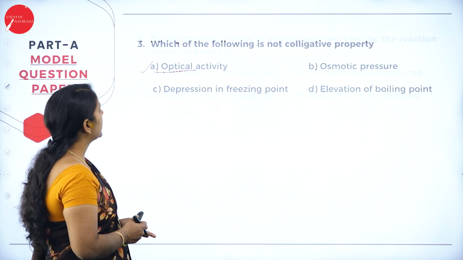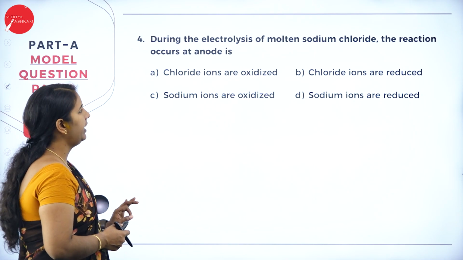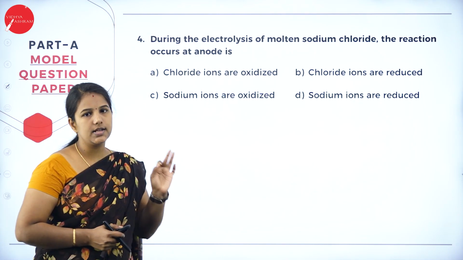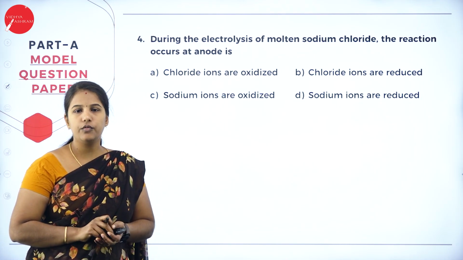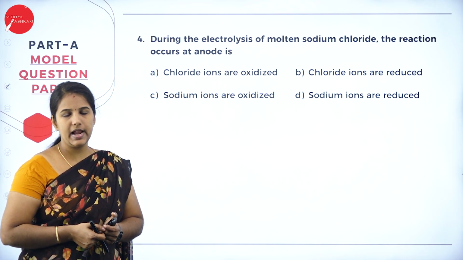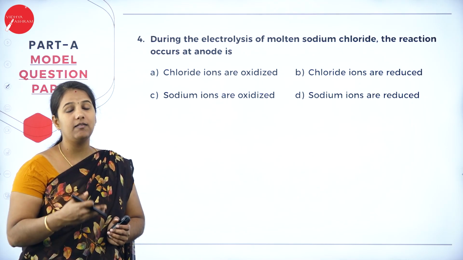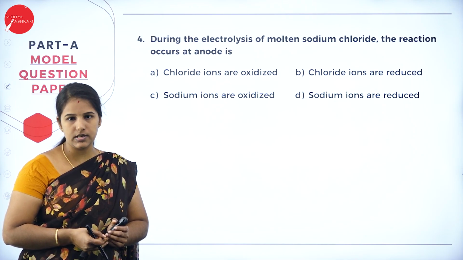Okay. Next, during the electrolysis of molten sodium chloride, the reaction which occurs at the anode. We know that at the anode oxidation should take place. Correct? So oxidation in the sense, which gas has to be released? The negatively charged gas has to be released. Correct?